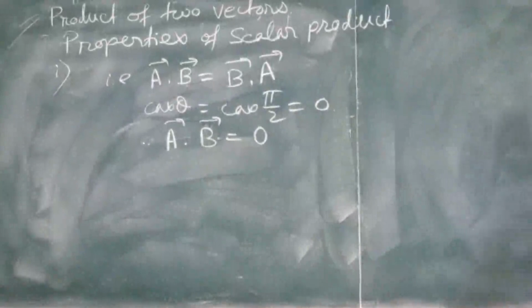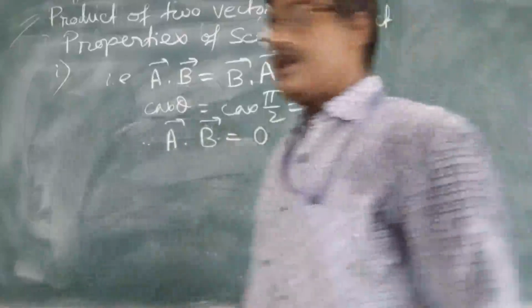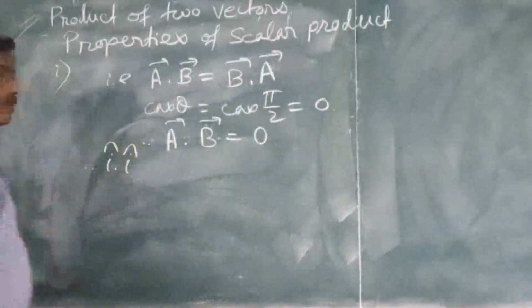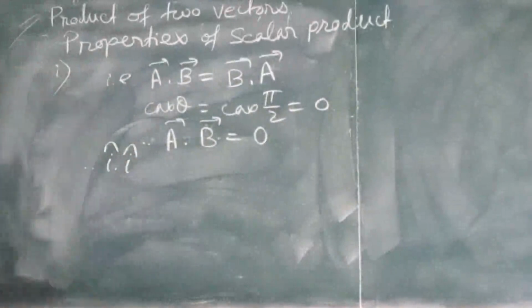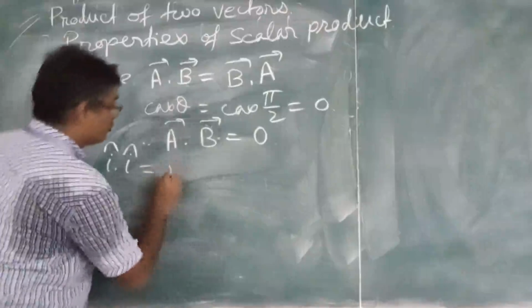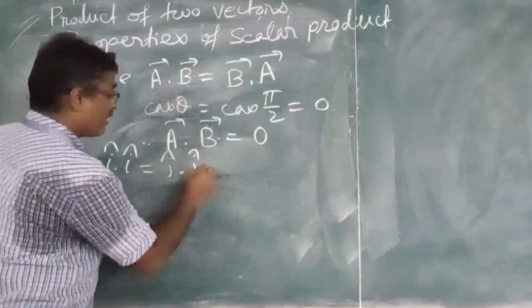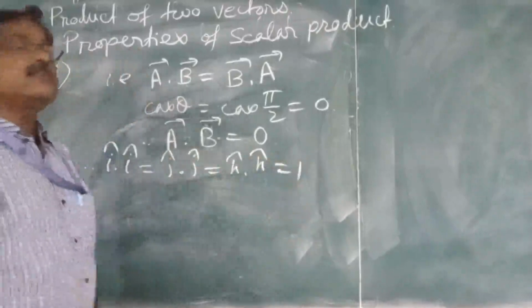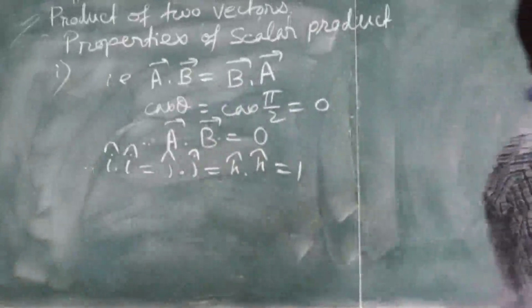Therefore, I dot I is 1. Why? I dot I equals J dot J equals K dot K equals 1, because the angle between them is 0.